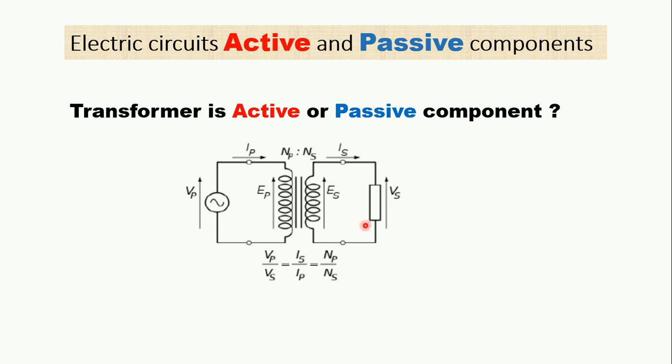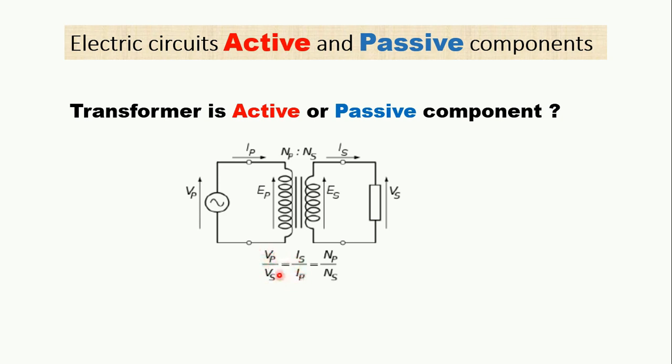Well, this might be a bit confusing, because if we look at these equations, this part of the equation, we see that the ratio Vp over Vs is equal to Is over Ip. So if we do a cross multiplication, it means that Vp multiplied by Ip is equal to Vs multiplied by Is.